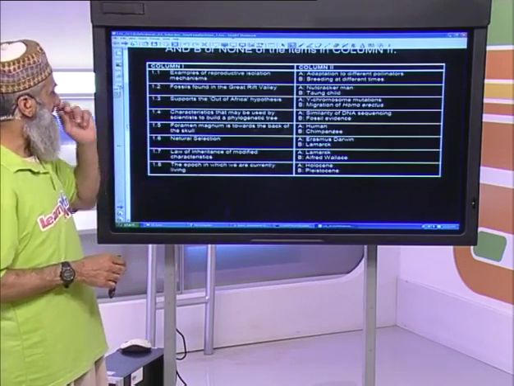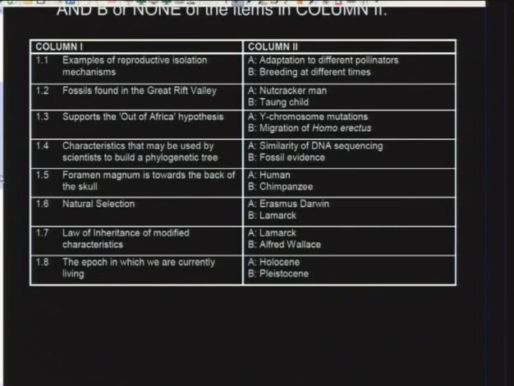The first one says, 1.1, examples of a reproductive isolation mechanism. And column 2 says adaptation to different pollinators, flowers adapting to different pollinators, or breeding at different times. A reproductive isolating mechanism is something that's going to isolate the organism from reproducing or interbreeding.